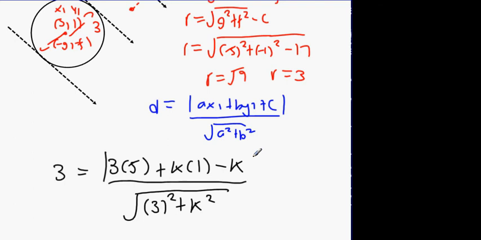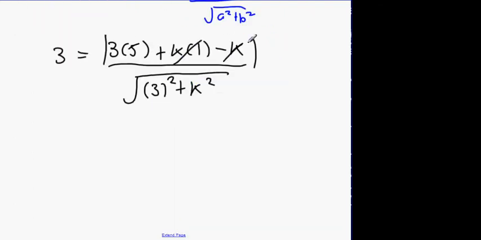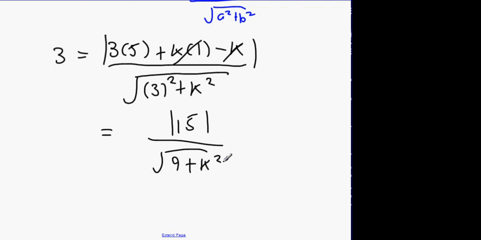So that modulus sign. Now, I do this, the k's cancel, don't they? So I'm left with 15 inside here. The modulus is 15 all over the modulus of 9 plus k squared equals 3.